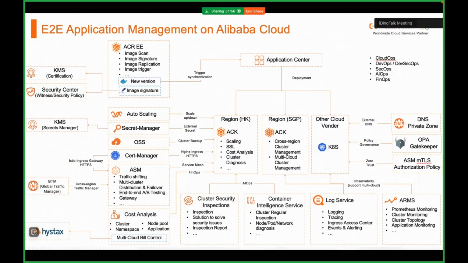And here again, one example of our end-to-end application management, where you can deploy your ACK, Alibaba Cloud Container Service for Kubernetes, on multiple regions in Hong Kong, in Singapore, or even with other cloud vendors as well, or on-premises environments.